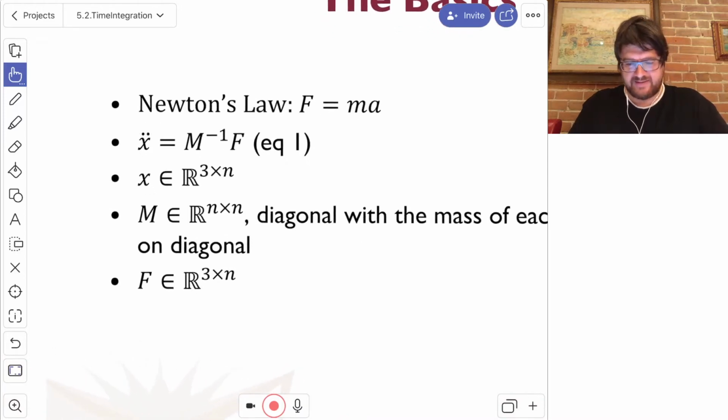We call it x. The derivative of the position with respect to time is the velocity, and the second derivative of the position with respect to time is acceleration. In other words, the derivative of the velocity with respect to time is acceleration.